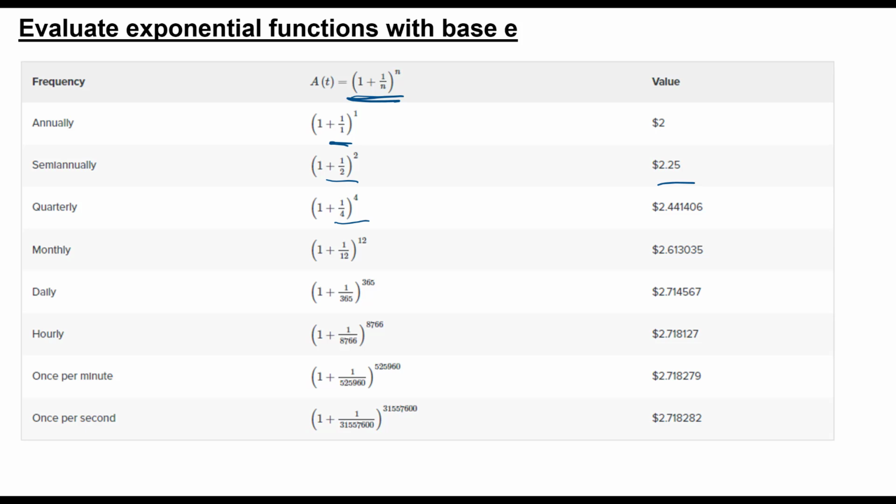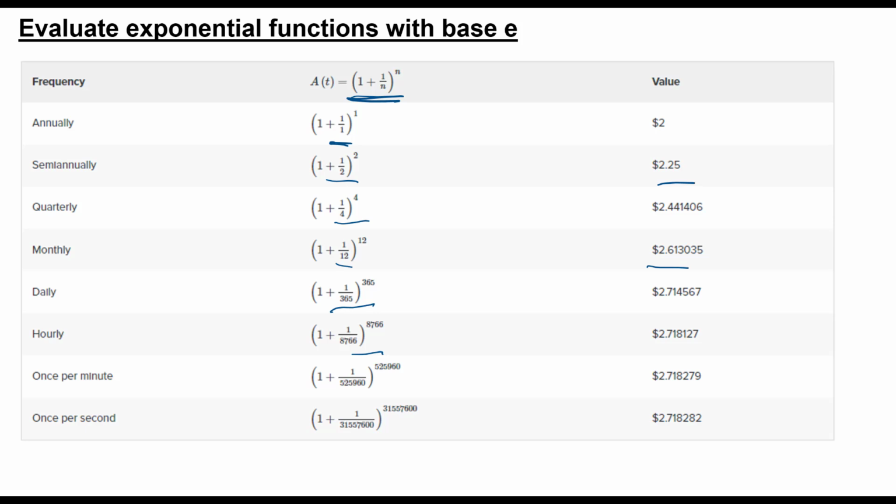If you were to compound something 12 times in a year, you would get 2.61. If it was every single day of the year, I'm not going to argue about leap years or whatever, 2.714567.